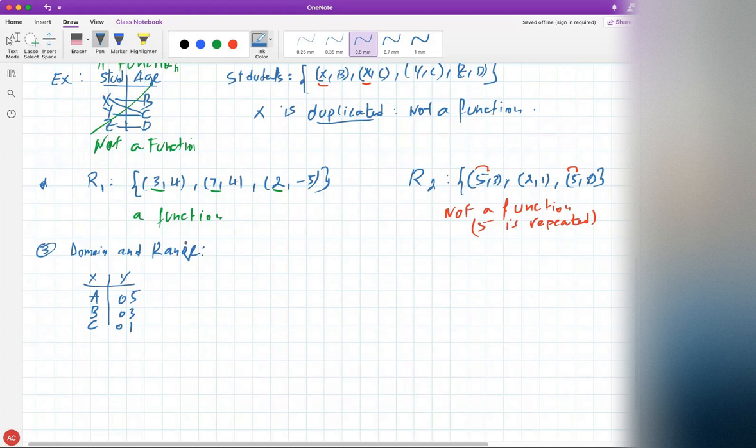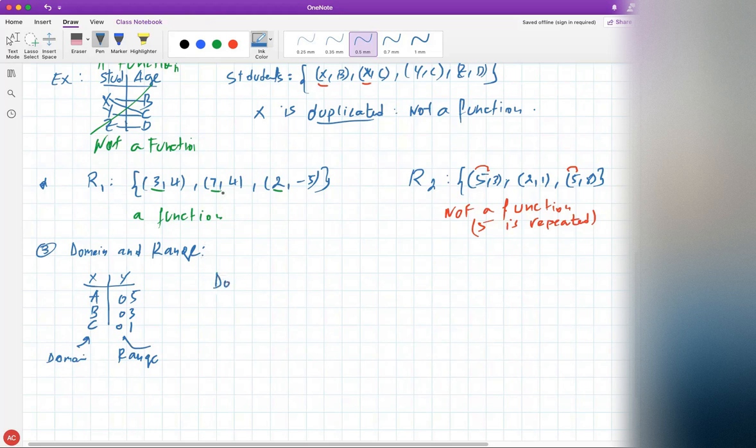That's all it means. And the range is the other one. Domain and range. The first elements of the table, and the second elements, we separate them. We write them in set notation separately. Instead of writing them together like this, we write them separately. So this is the domain. And this is the range.